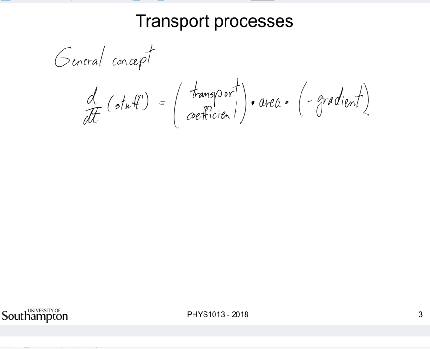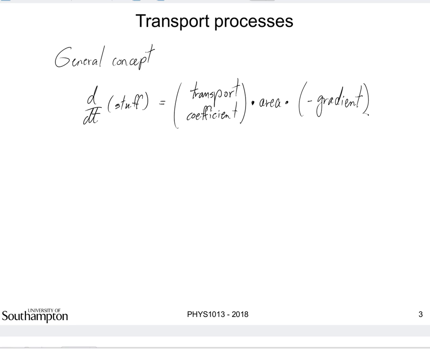So in the case of heat, for instance, you have a temperature gradient. So it's warmer here, it's colder there, and then you want to know how much energy, how much heat is going to be transferred as a function of time through a given area in between these two extremes. And then, of course, if you double the area, normally you would have twice as much heat going through, right?